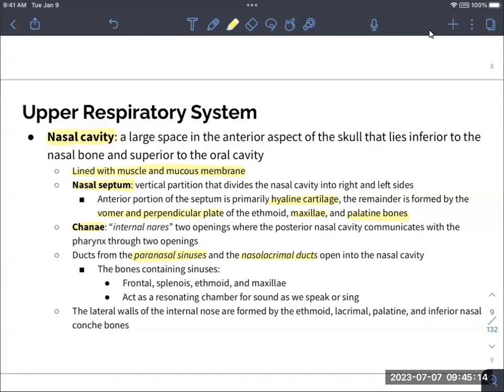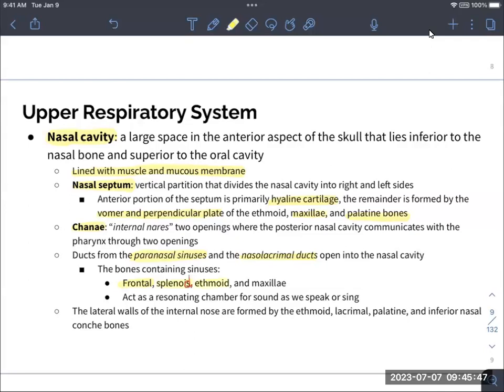We have several different bones that have sinuses within them. We have the frontal bone. So you have sinuses in that frontal bone above your eyes. The sphenoid bone, that kind of bat-shaped bone that sits in the middle of our skull.